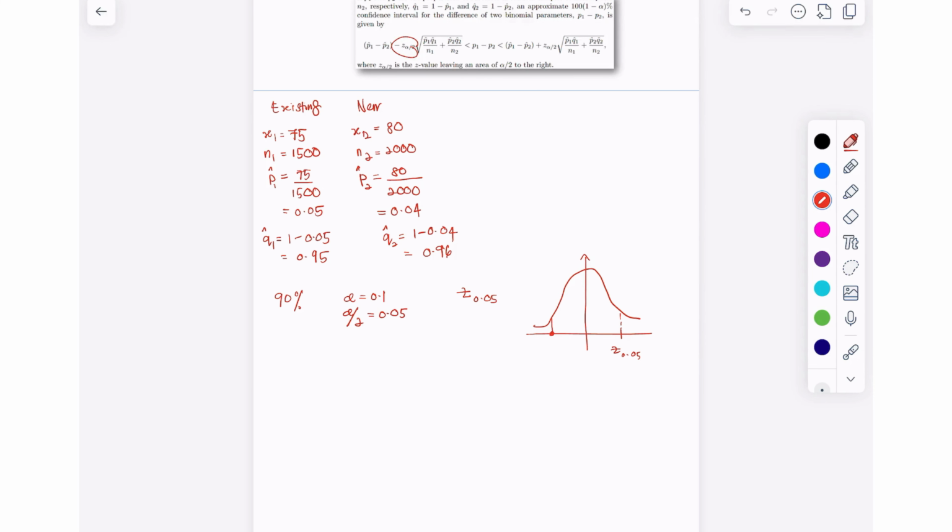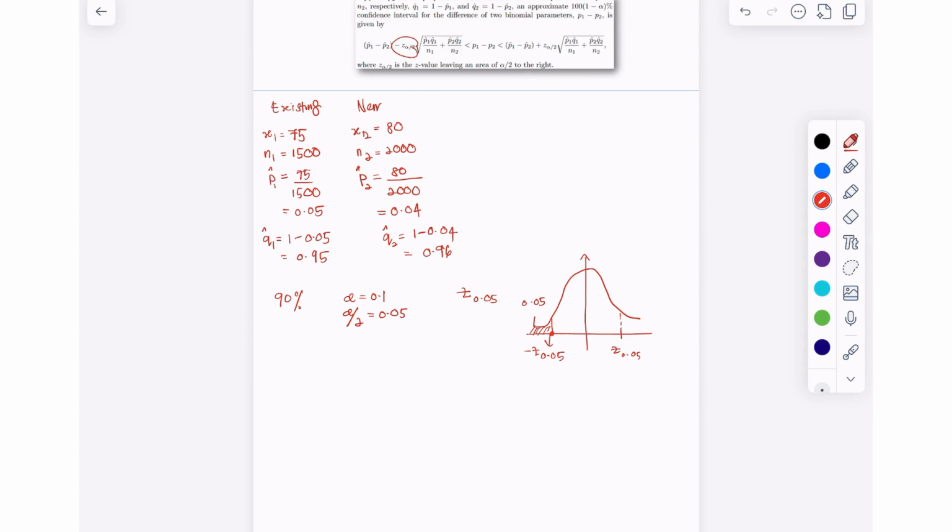So if we find the area of 0.05, you will directly find the point for negative Z 0.05.